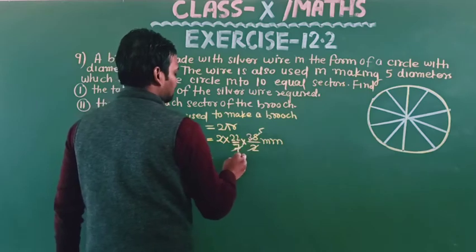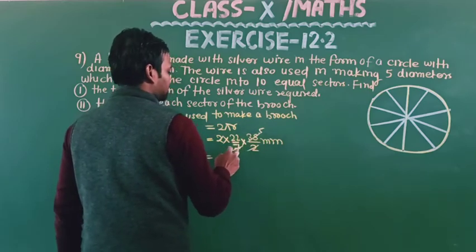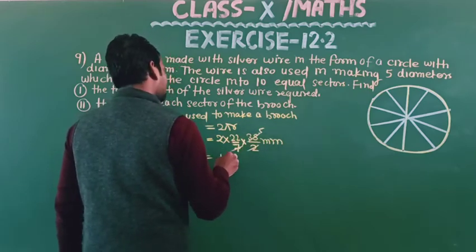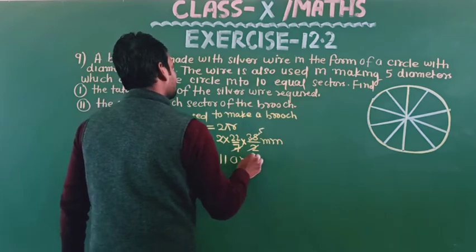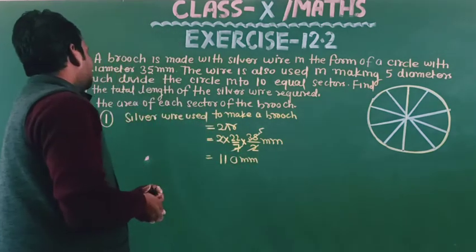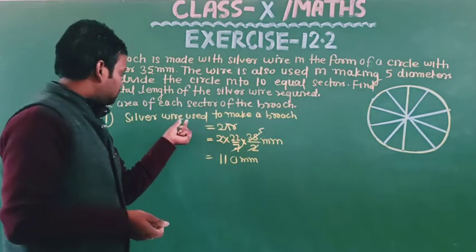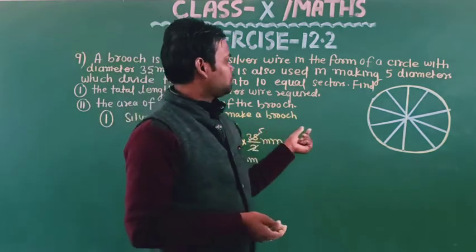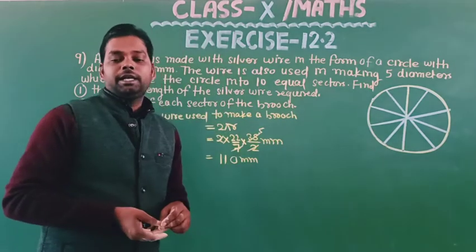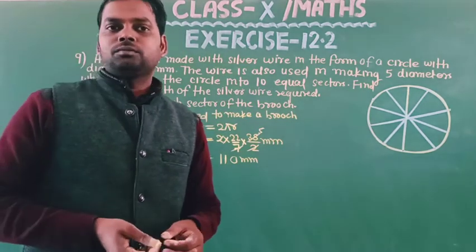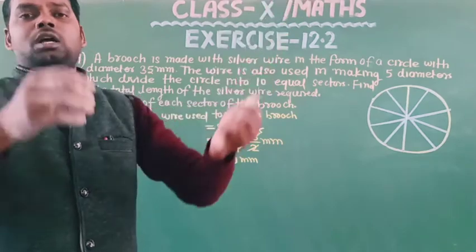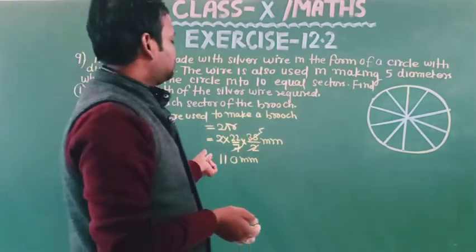So we will get 110. Okay, so total silver wire used to make a brooch is equal to 110 mm.